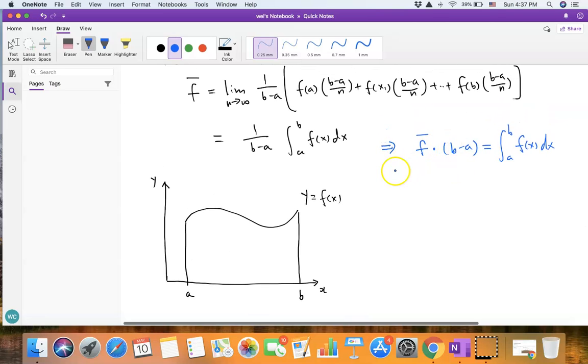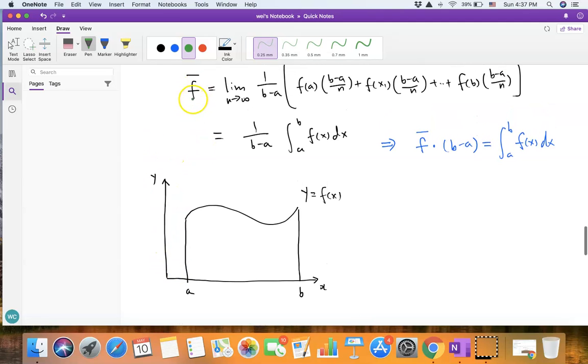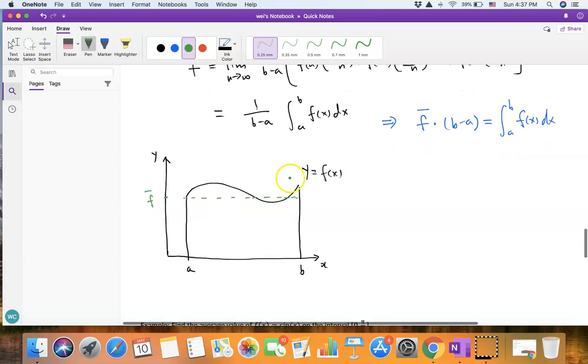So this result tells us we can find a number on the y-axis, and that number equals this average value. For example, it could be here.